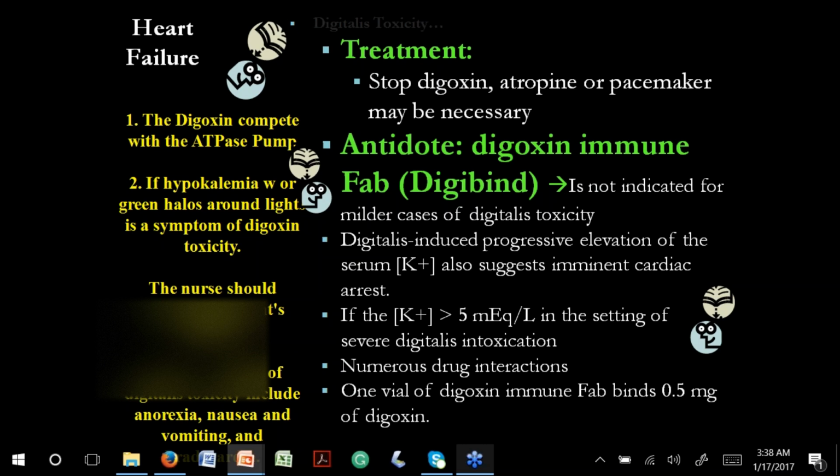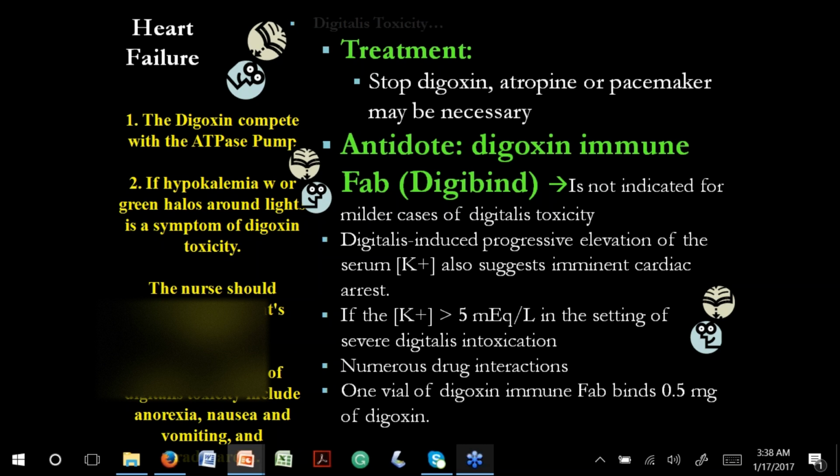Little by little, the digoxin is going to make the body have hyperkalemia. Hypokalemia means high risk for digoxin toxicity.